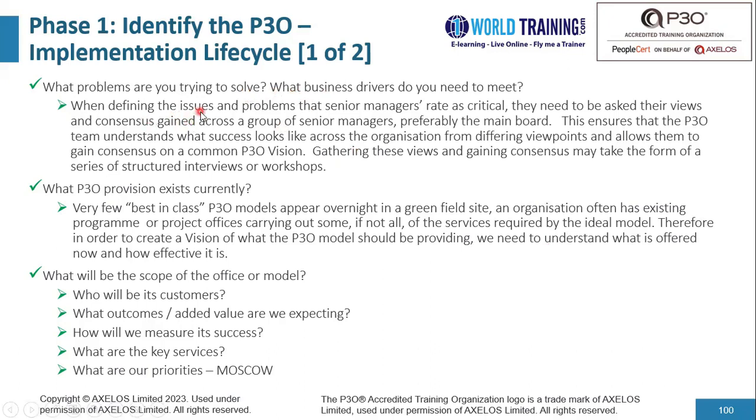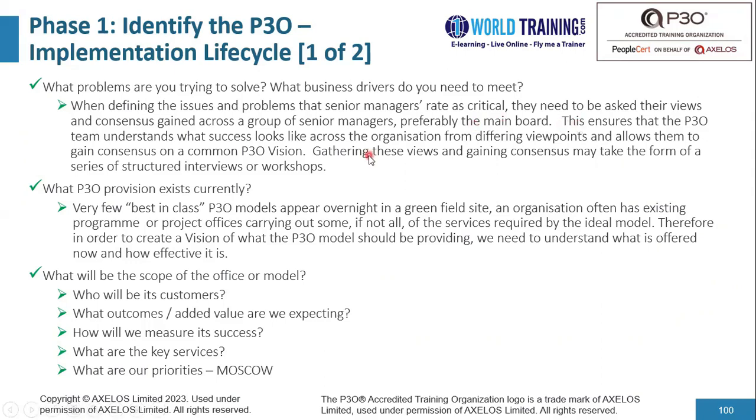When defining the issues and problems that senior managers rate as critical, they need to be asked their views and consensus gained across a group of senior managers, preferably the main board. So it's good to have a problem identification workshop with senior managers to make sure that there is a consensus on what problems we are trying to address.